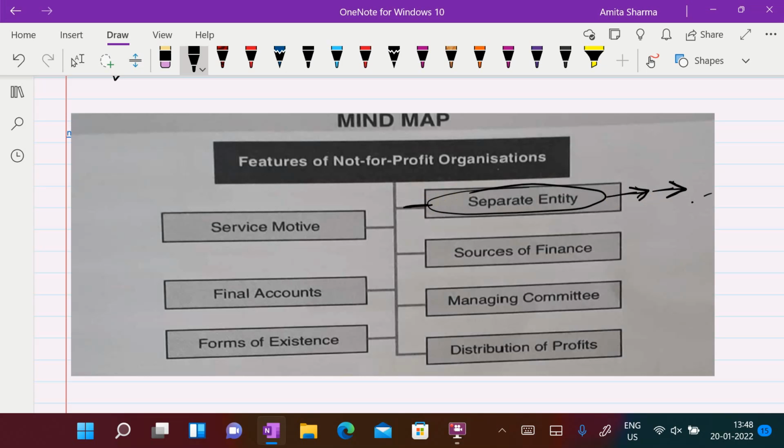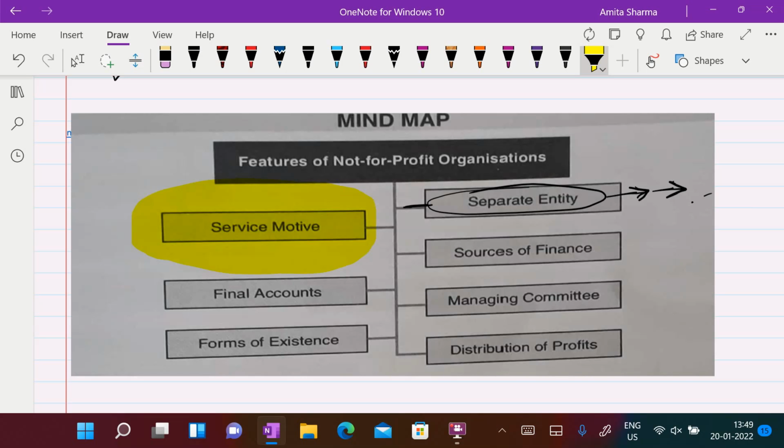Second, motive of not-for-profit organization is service motive. Service motive means they will not do any kind of activities like trading which is for earning of profit, but they do all the activities with the motive of serving society.